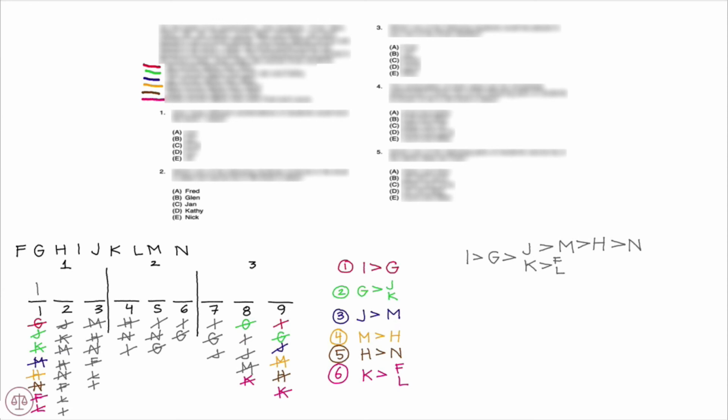So that means G cannot be fourth or third. So that means that the only place that G can go is second. We see that the only students that can be third are either J or K. And we see the only students that could possibly be last are the ones in the chain that have nothing after them. So that's F, L, and N, because remember we've placed all 9 students in the long chain. So that's F, L, or N.